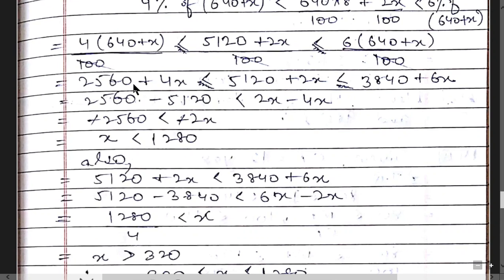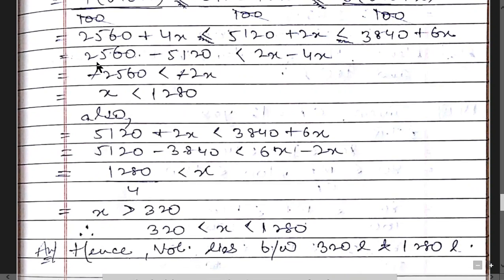The first term is 2560 plus 4x, then 5120 plus 2x, and 6 multiplied by 640 gives us 3840 plus 6x. 2560 minus 5120, you have to subtract this value, and 2x minus 4x, because I have taken these two values only, first and second. 2560 less than minus 2x, then eliminating the negative sign here, you can write x less than 1280.